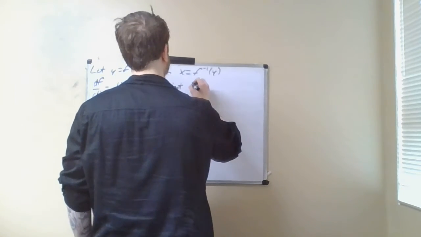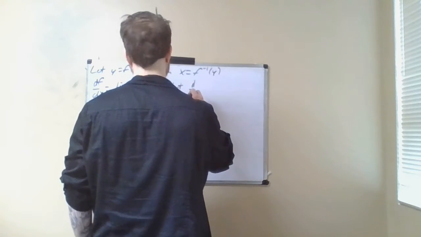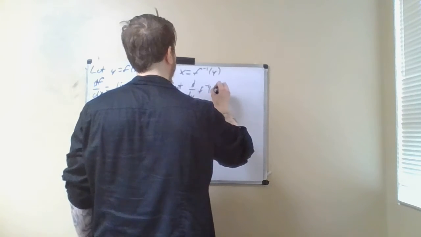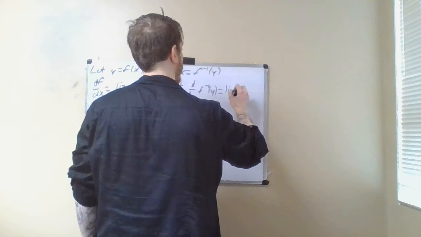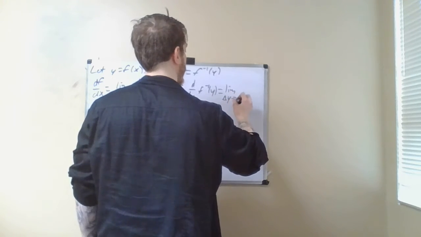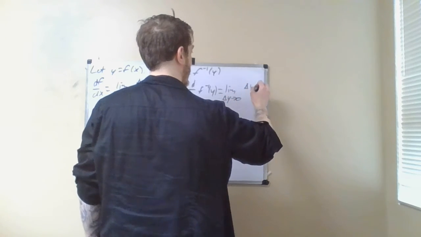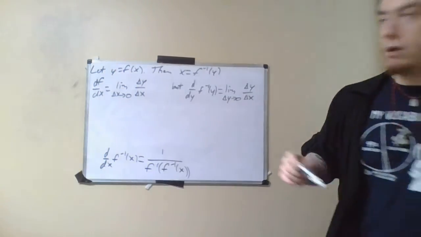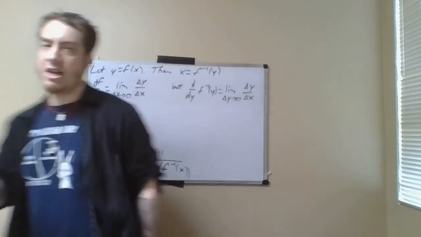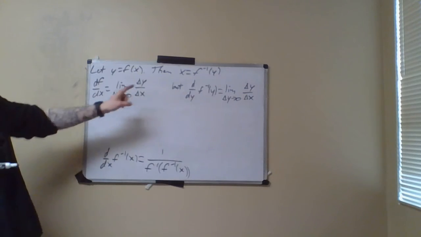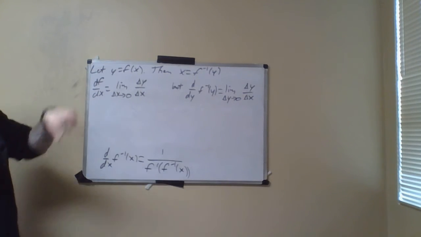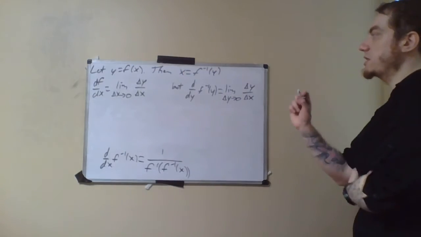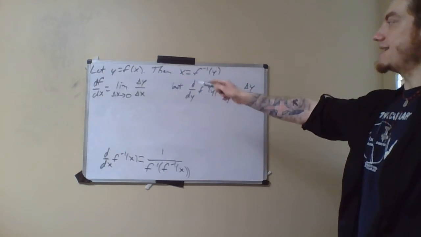But by a similar argument, the derivative with respect to y of f inverse of y is the limit as delta y goes to 0 of delta y over delta x. Now, because f is continuous, delta y going to 0 and delta x going to 0 are the same things, as long as the derivative with respect to x is not 0.